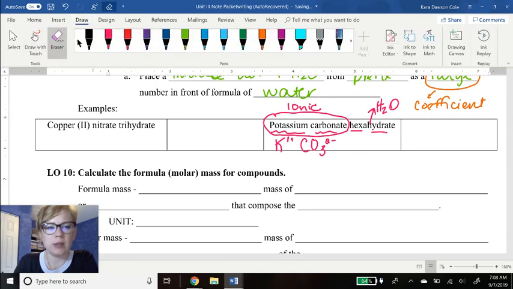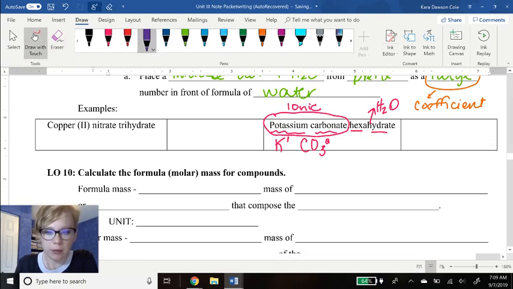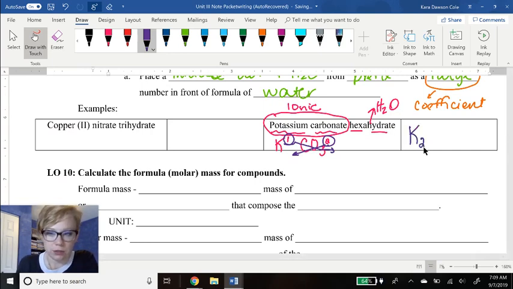Again, with these, I'm going to erase the actual charges here, and I'm just going to be left with the numbers, right? And then I'm going to circle my numbers that are superscripts, and I'm going to bring them down. Now, I don't have to write the 1 because the 1 is understood. So what this is, K2CO3.